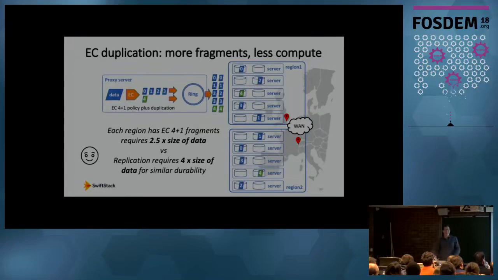Much less compute burden. Then I could duplicate the set of fragments, distribute them across my cluster, and I have the result I was looking for. Still using the same amount of data on disk, 2.5 times the size of the original data, getting the durability and the data locality that I would have got with a 4 replica policy. Okay, great. It's looking good again. I'm smiling again with this.